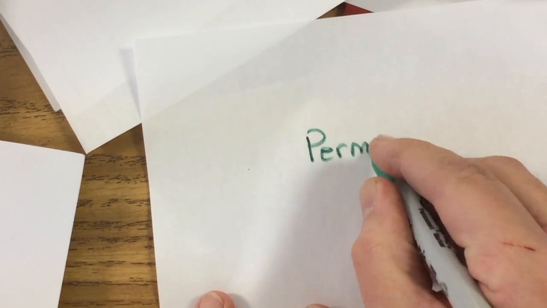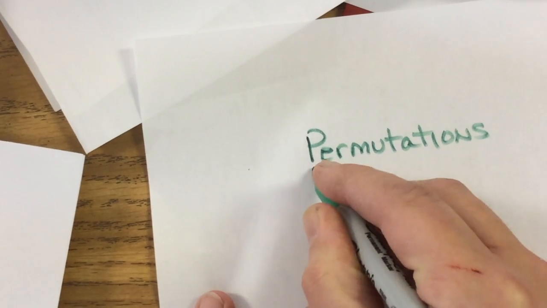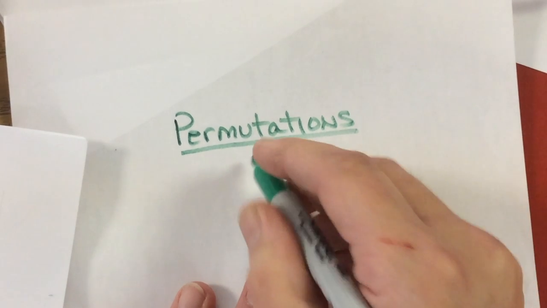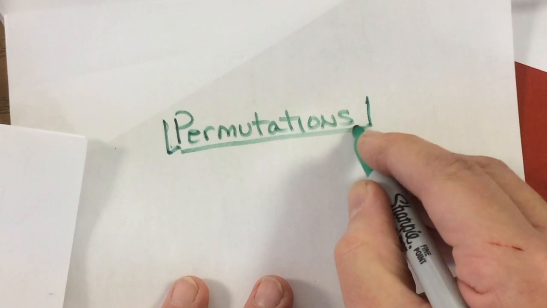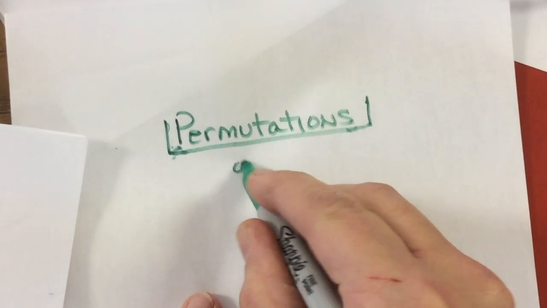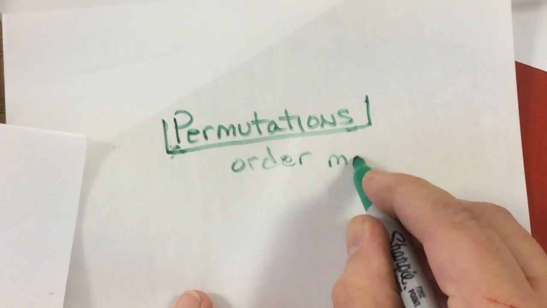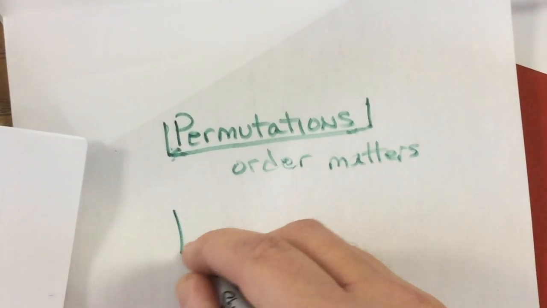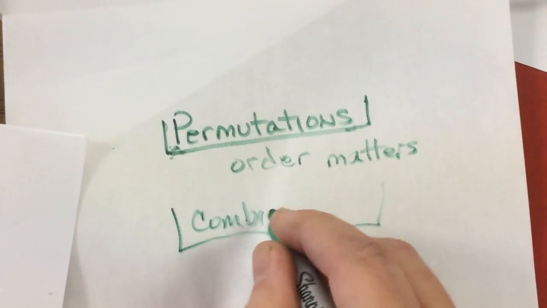Permutations are what happens when you choose some number of things out of a group and the order matters. When order doesn't matter, it's called a combination.